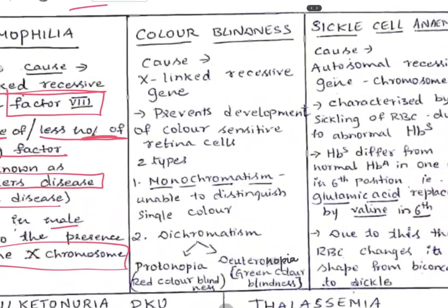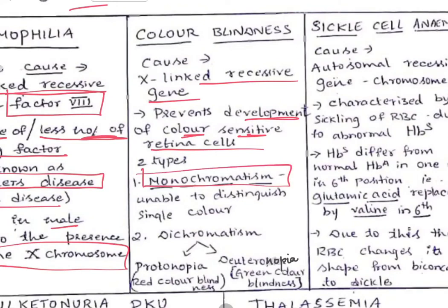Next, let us move towards the second Mendelian disorder, color blindness, and it is caused due to X-linked recessive gene, which prevents the development of color-sensitive retina cells. See, there are two types of color blindness. The first one is monochromatism.